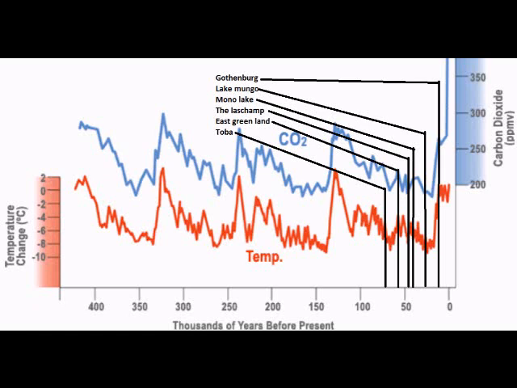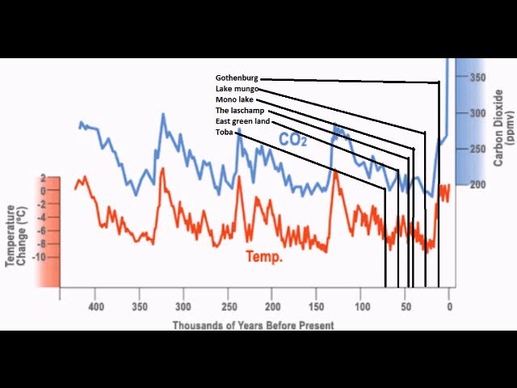Then from East Greenland to Lashamp, East Greenland being 60,000 years ago, Lashamp 41,000 years ago, there doesn't seem to be much happening in that temperature range. Although as it goes towards Lashamp, around 41,000 years ago, the temperature is starting to decline. And then before that we've got Mono Lake, 37,000 years ago. We can see that the temperature hasn't really fluctuated at all in that period of time. It stayed pretty much the same.